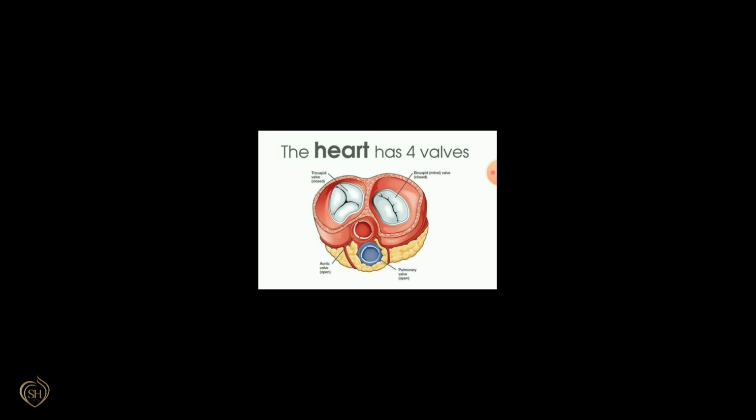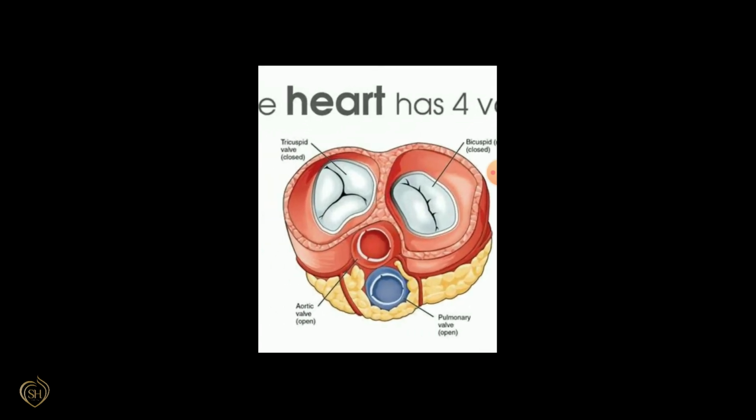It has 3 triangular leaf-like flaps or cusps. Therefore, this right atrioventricular valve is also called a tricuspid valve because it has 3 flaps. Look here in the figure, it is clear, the tricuspid valve.